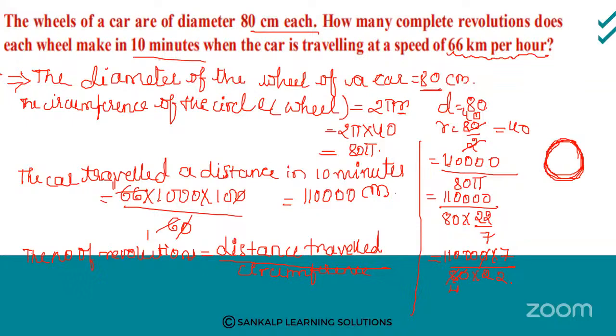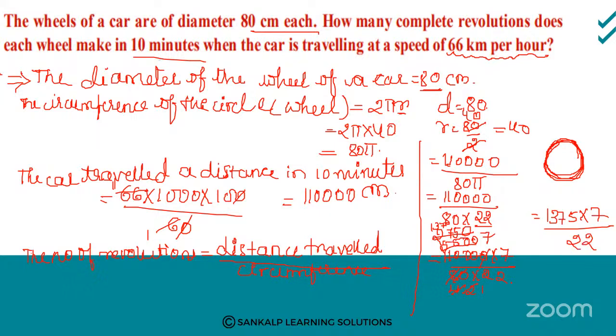So 2 fours are 8, and 2 fives are 10, 1 remains, 0, 0. Okay. Again, simplifying, we get 1375 into 7 divided by 22.